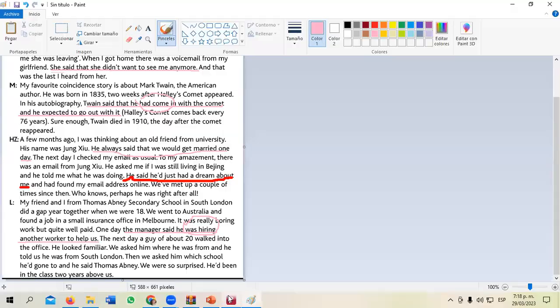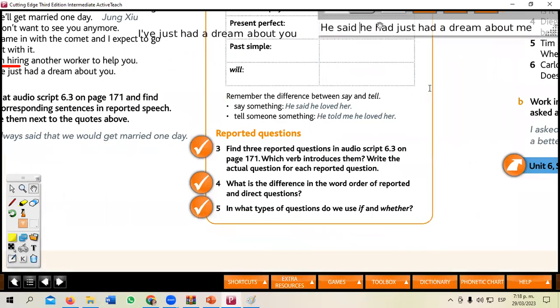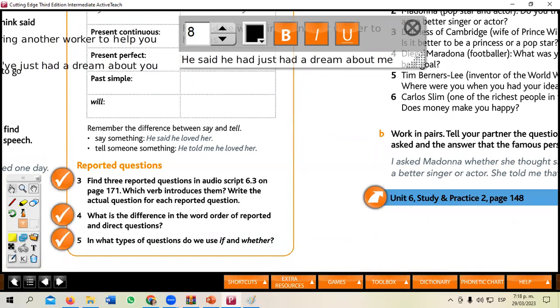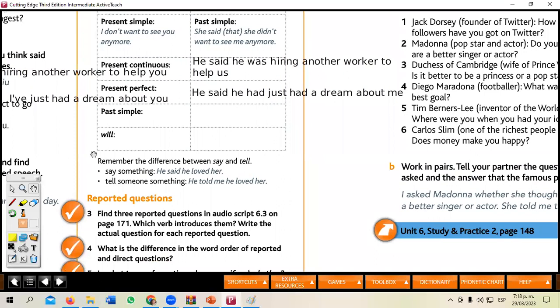So said and tell. Let's look at the box over here. Look at the example here. Remember the difference between say and tell. He said he loved her. Él dijo que la amaba. Él dijo algo, ¿no? O he told me, acá está, ¿a quién se lo dijo?